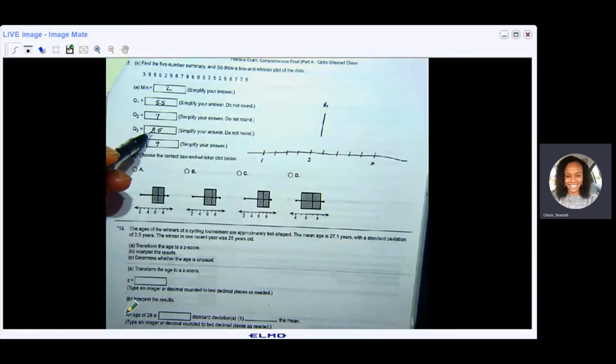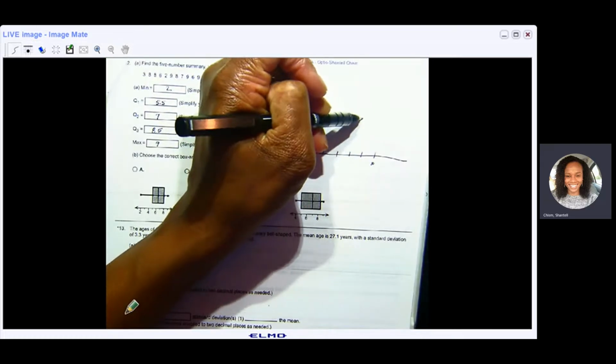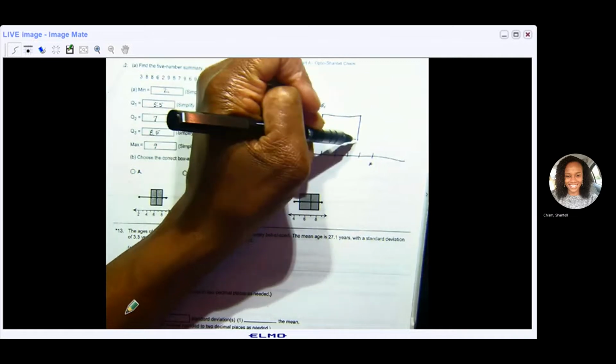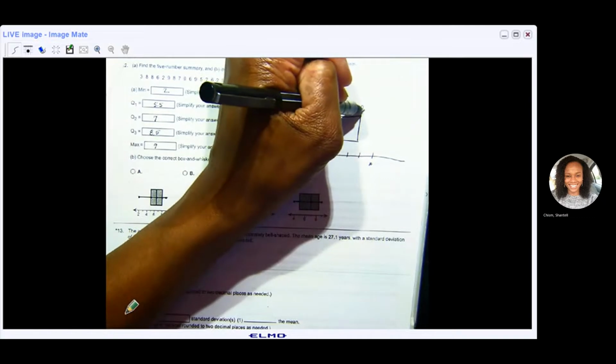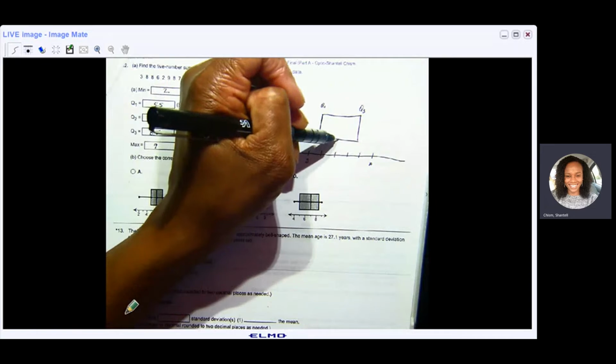Your Q3 value is at 8.5, so that's 9, so between 8 and 9. Your Q2 value is at 7, 5, 6, 7.